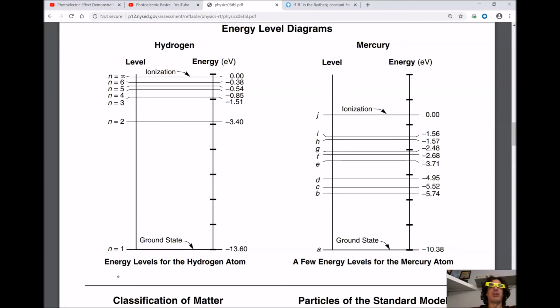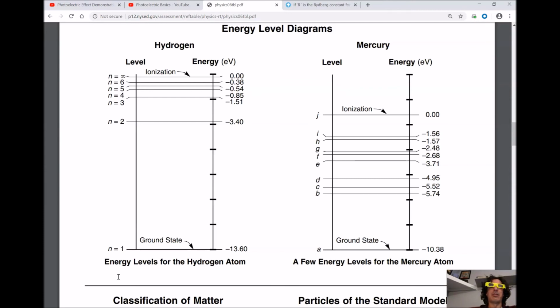Now if we get a problem and we say that an electron goes from n equals 1 to n equals 3, and we want to find the color of light that it absorbed or the color of light that it'll release, we still want to do n equals 3 minus n equals 1. So E sub 3 minus E sub 1.